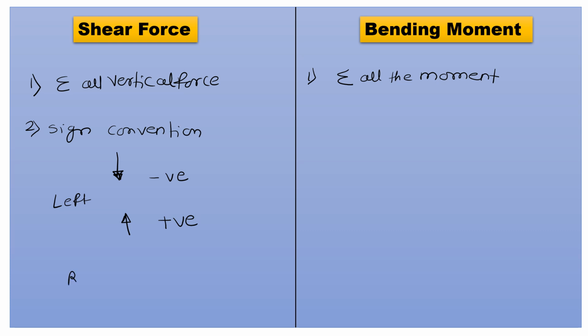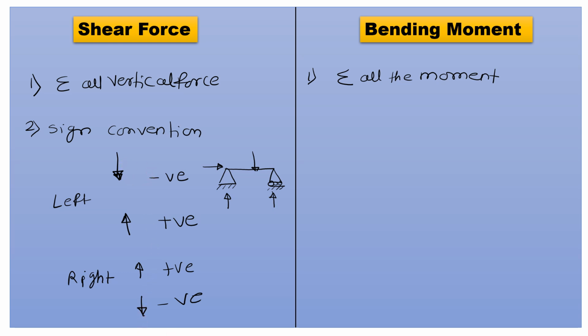And whenever you calculate from the right side of the beam, take upward as negative and downward as positive. Right side means whenever you calculate the shear force from this point towards the right side, take this sign convention, and whenever you start from this point and calculate in the left direction, take the left direction sign convention.